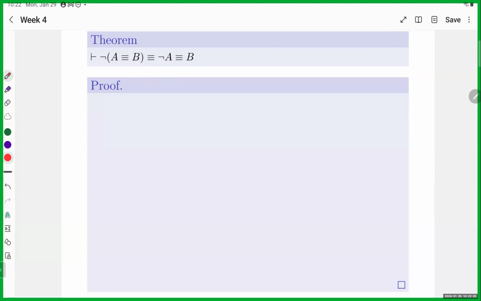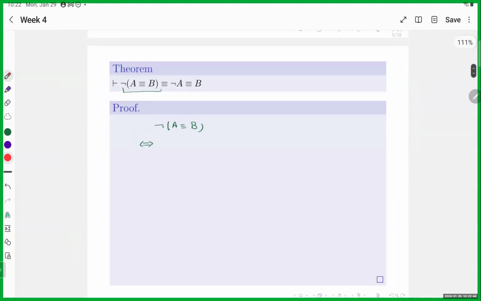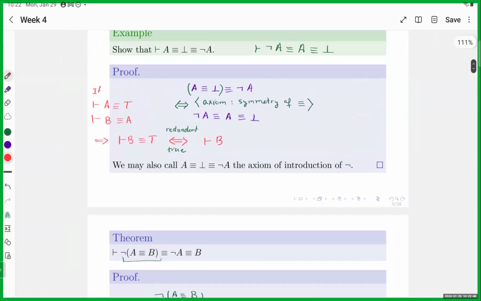Let me see. I think I'm going to start with this. That's just the first thing that comes to mind. Negation of A is equivalent to B. And I want to use the axiom of introduction of bottom, or the thing that we proved here.